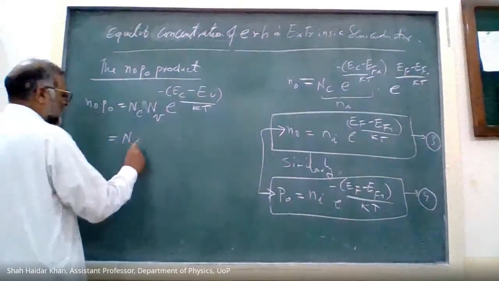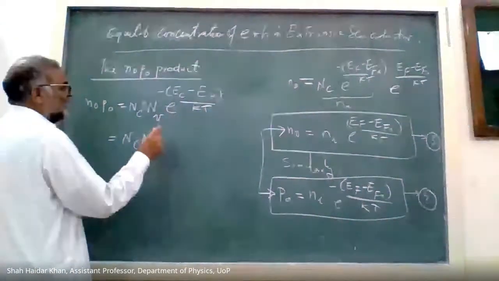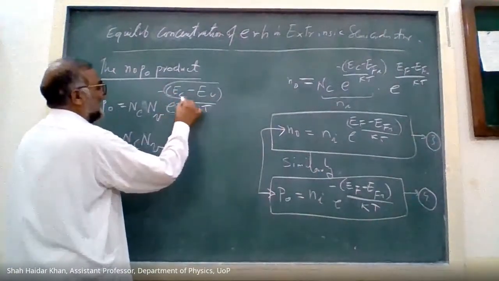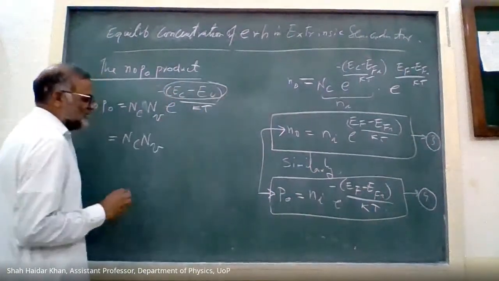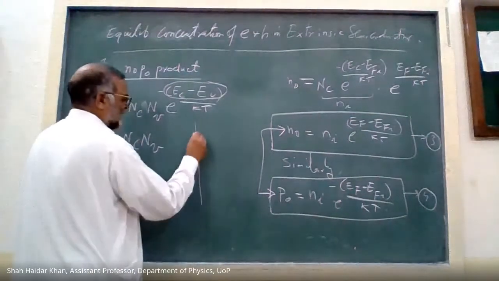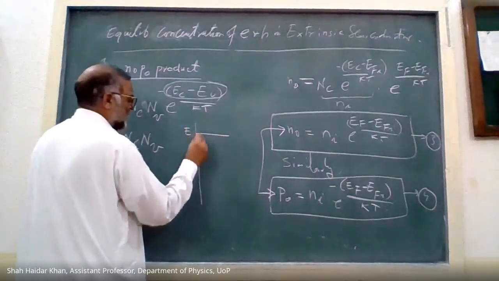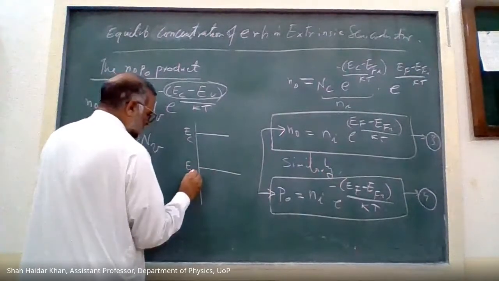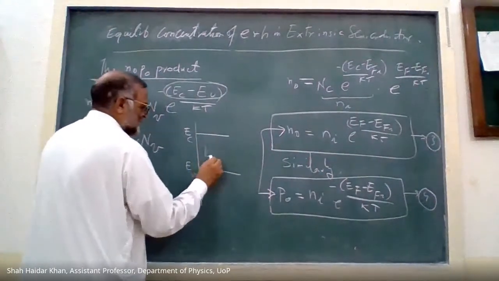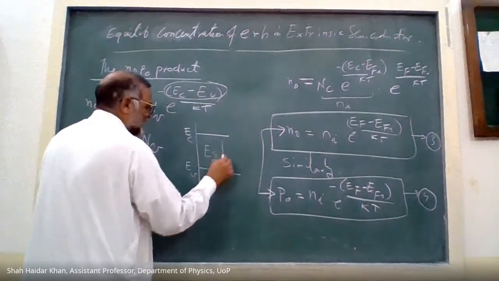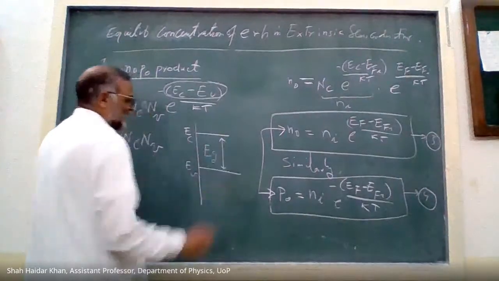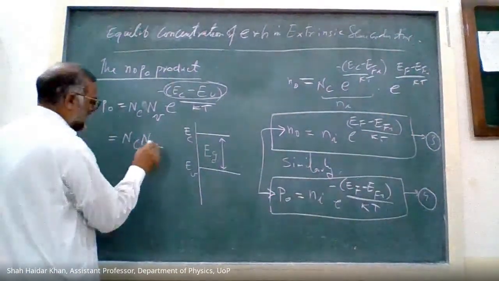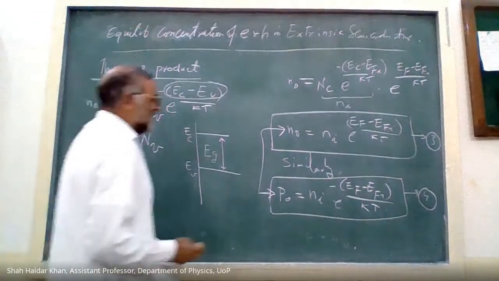And NC and NV, और ये क्या चीज है? ये क्या चीज है? EC minus EV. That is the band gap.